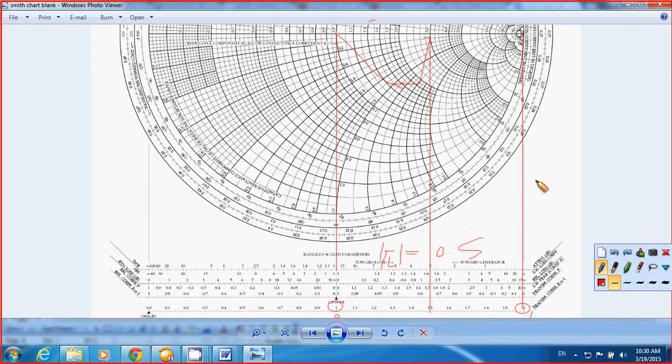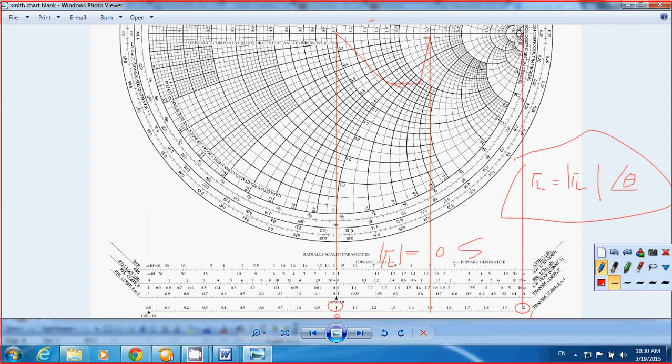Okay, so finally you have tau L. As I explained before, you know the magnitude of your tau L, and then you know the phase angle of your reflection coefficient. This is how you use the Smith chart to find the reflection coefficient at the load.